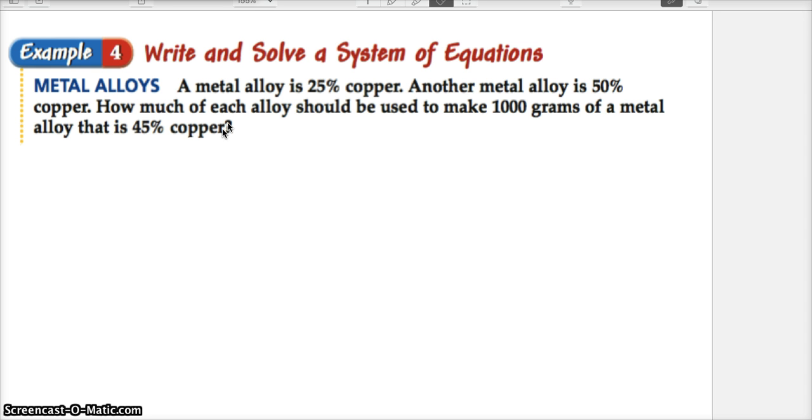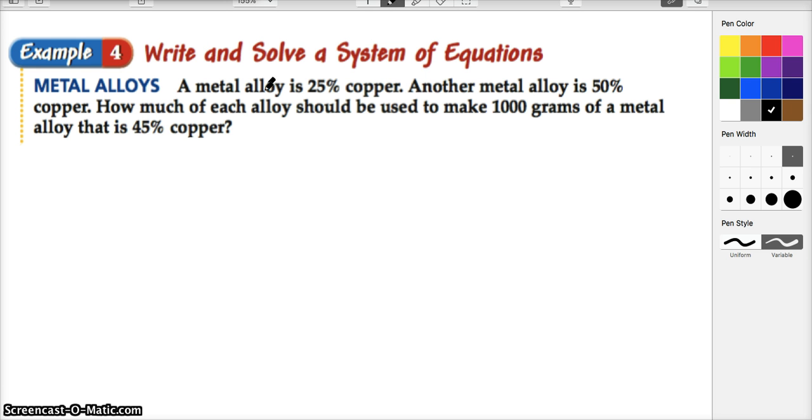Metal alloys. A metal alloy is 25% copper and another metal alloy is 50% copper. How much of each alloy should be used to make 1,000 grams of metal alloy that has a 45% copper percentage, right? So what I have to do is, first, with anything, I have to create my variables and know what the quantities are about.